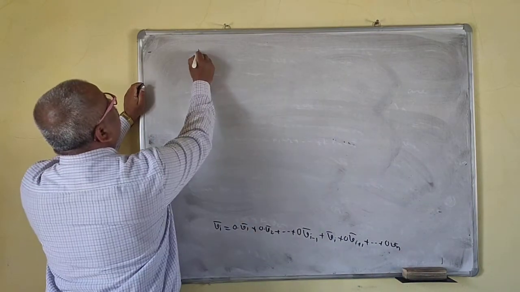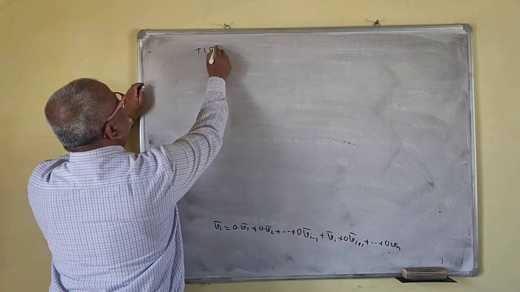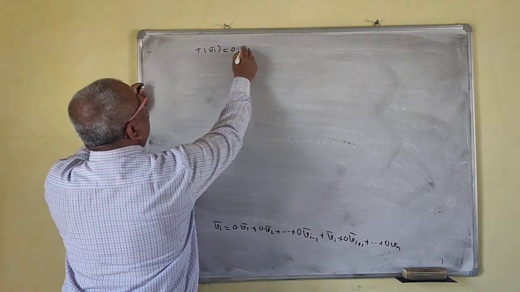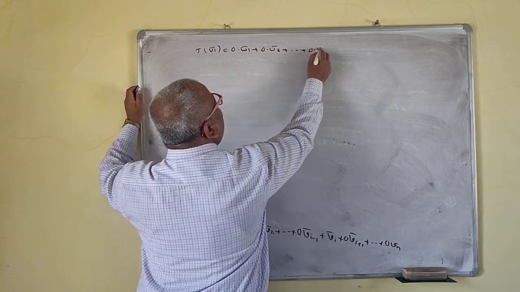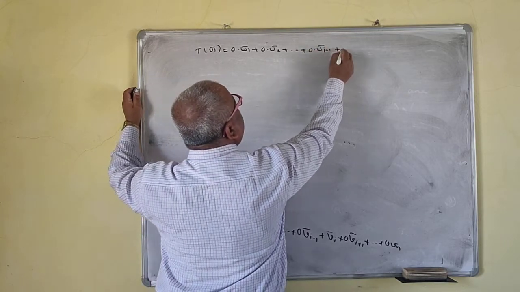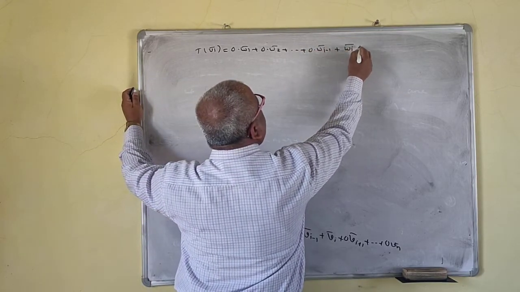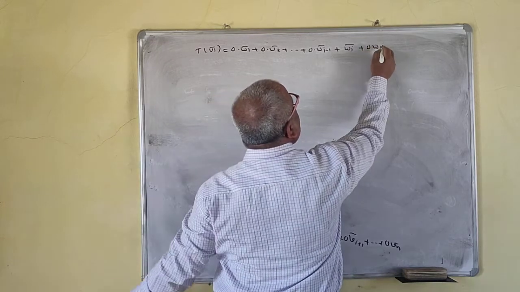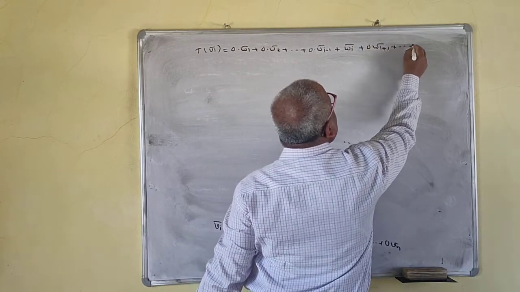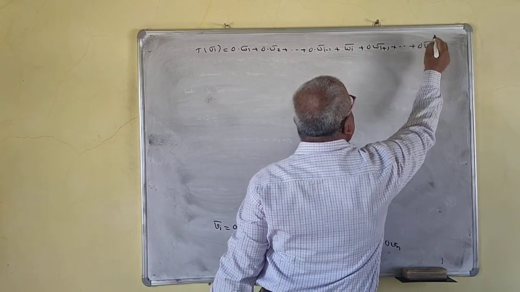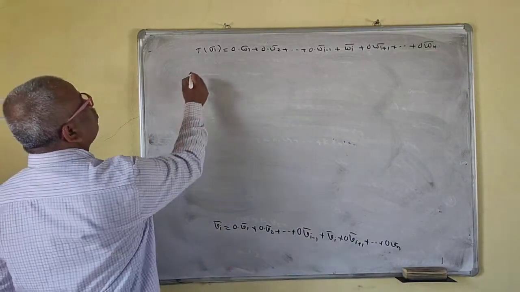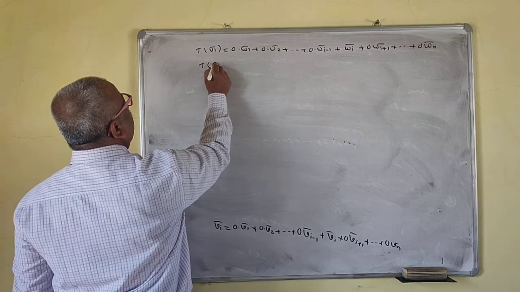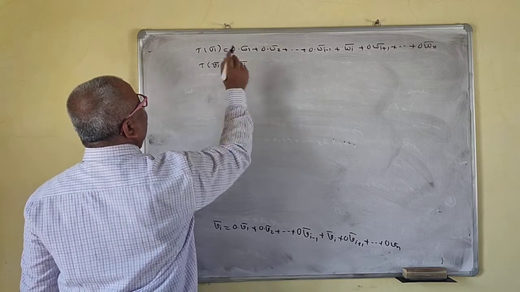Okay, so T of VI bar is same as what? 0 W1 bar, 0 W2 bar, dot dot dot 0 Wi minus 1 bar plus Wi bar plus 0 Wi plus 1 bar plus dot dot 0 Wn bar. Okay, by our definition of T now. Okay, so this is what: T of Vi bar is equal to Wi bar.